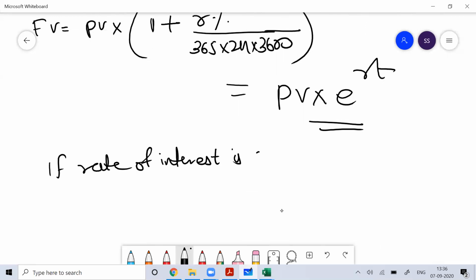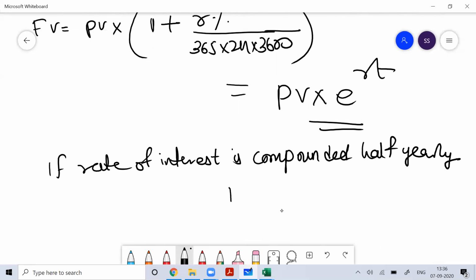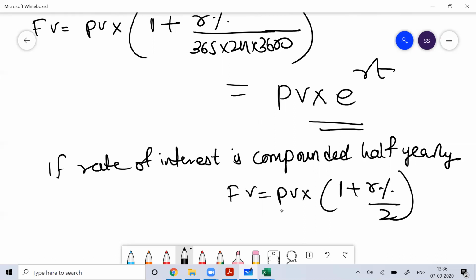If the rate of interest is compounded half yearly, then the formula becomes future value is equal to present value into 1 plus r percent divided by 2 to the power 2t. If it is compounded quarterly, then future value is equal to present value into 1 plus r percent divided by 4 to the power 4t.